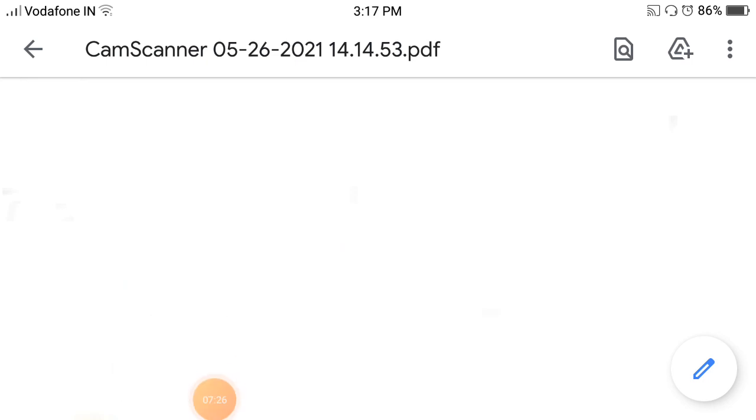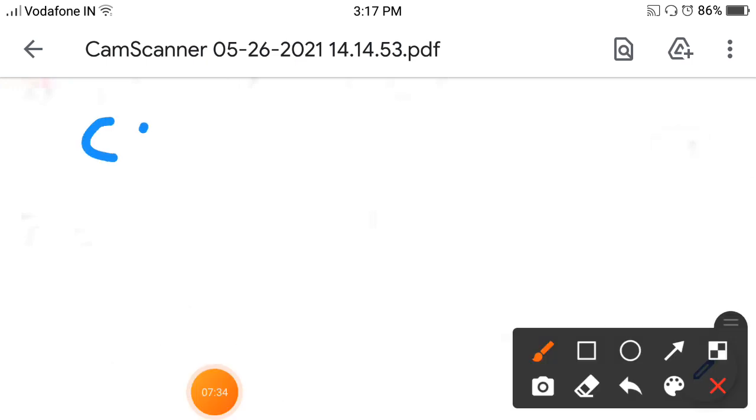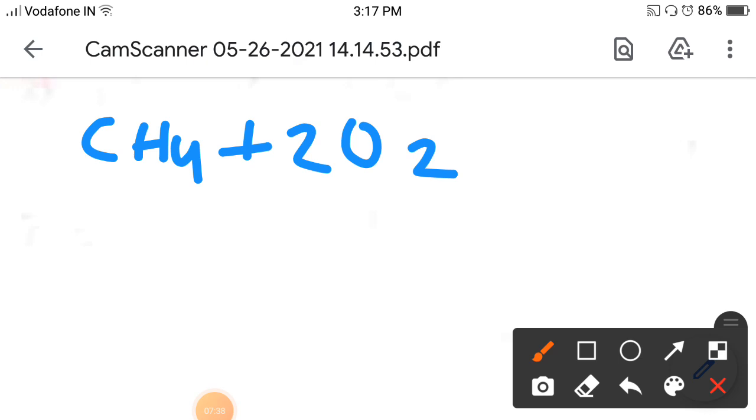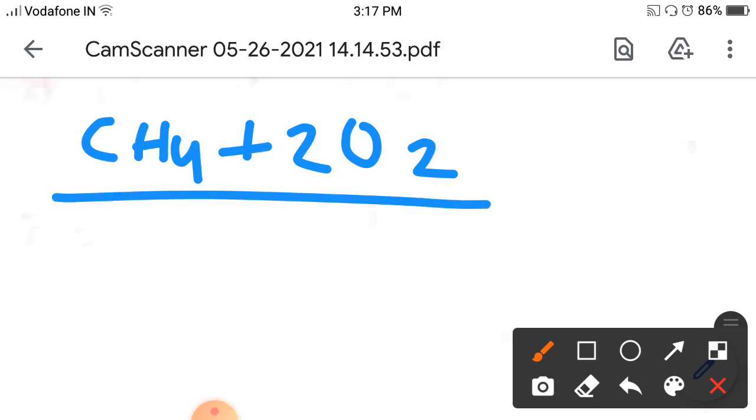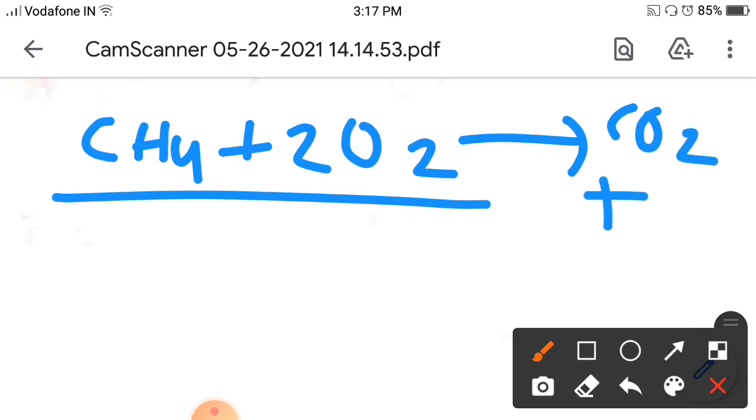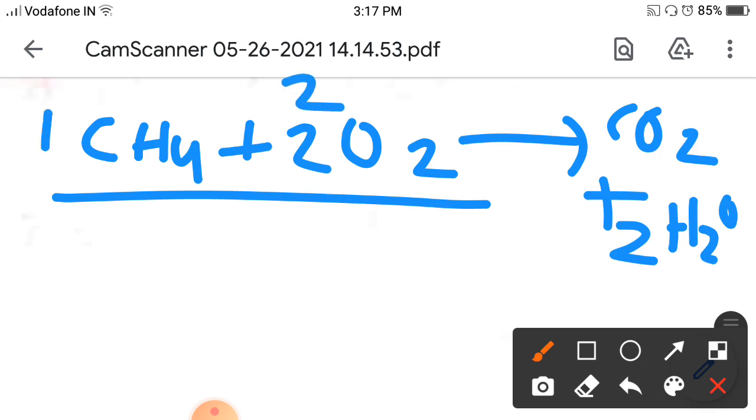You have to remember this: for 1 mole of CH4, 2 moles of oxygen are needed.